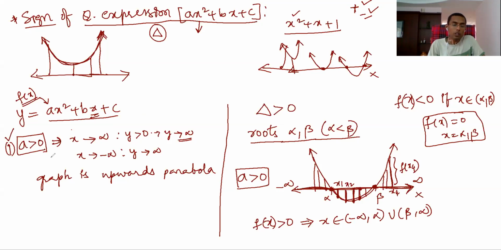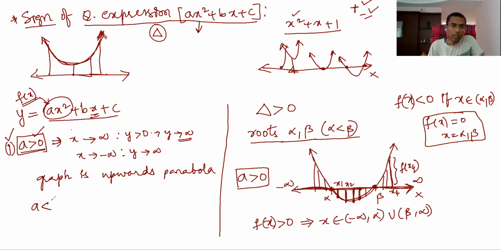The first point I explained is, if a is greater than 0, then as x tends to infinity, y tends to infinity, and as x tends to minus infinity, y also tends to infinity, because this term is positive. That means if a is greater than 0, it is an upward parabola.